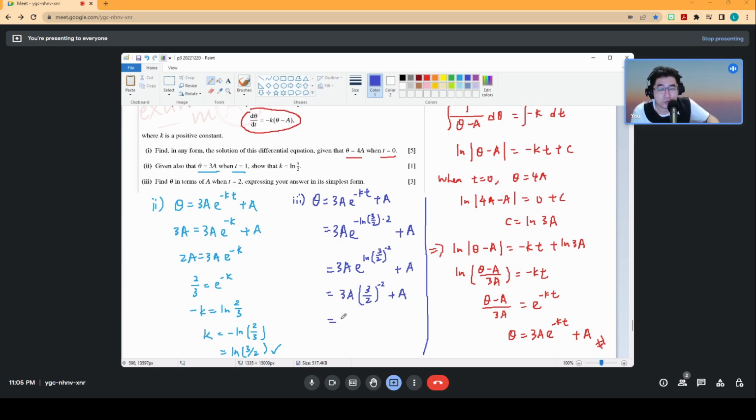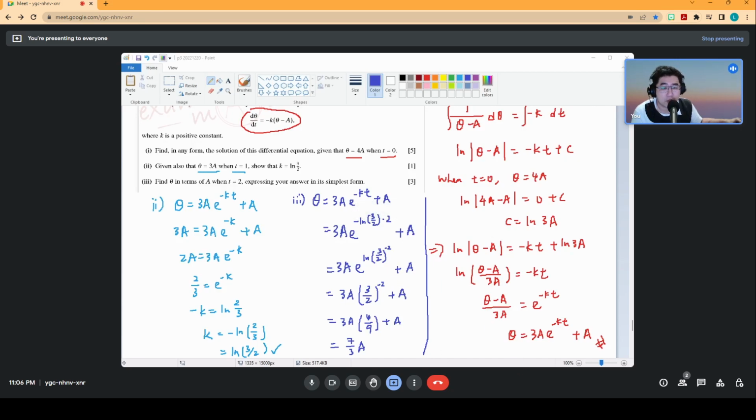The e and ln cancel off, leaving 3 over 2 to the power of negative 2, plus a. Power negative 2 gives 3a times 4 over 9, plus a. Simplify: 4 over 3 plus 1, so you have 7 over 3a as your answer.